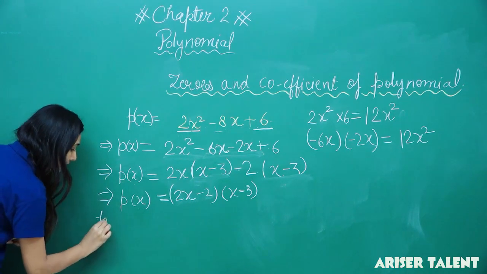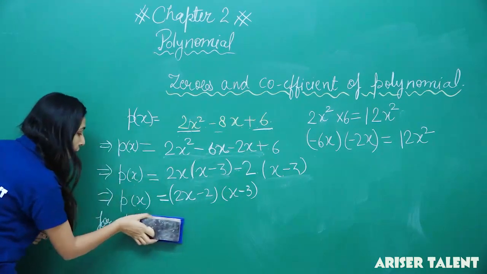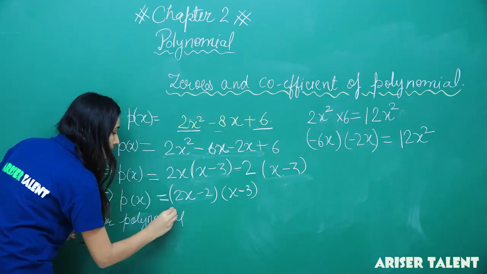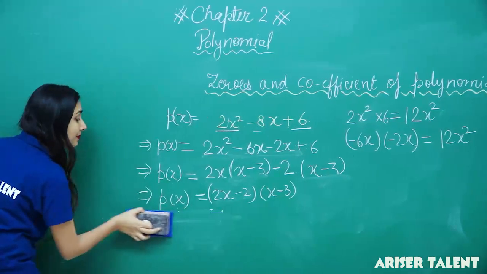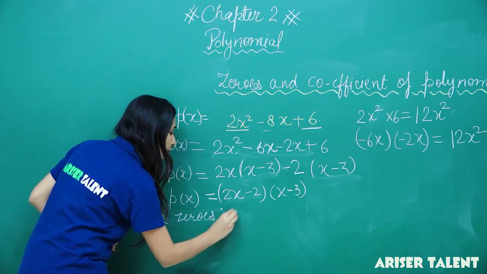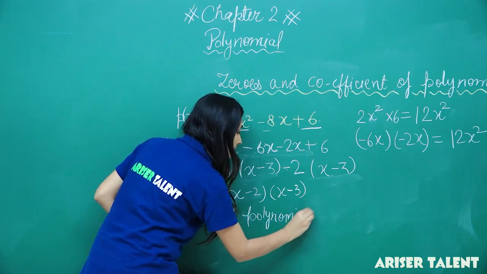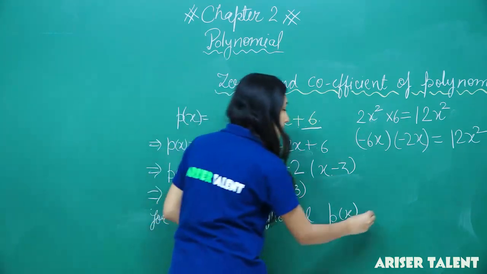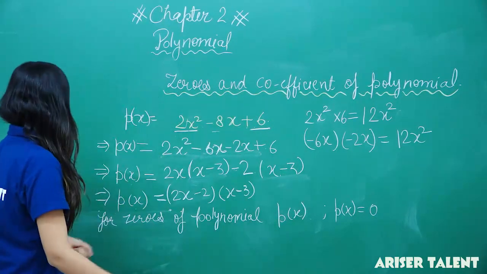Now, we will write, for zeros of polynomial, p(x) will be equal to nothing but 0.